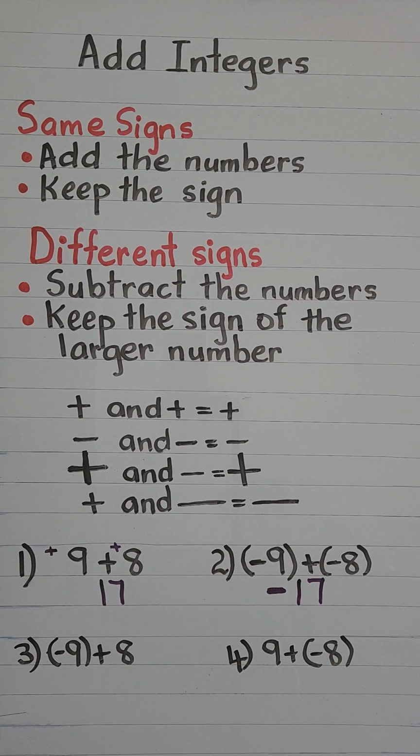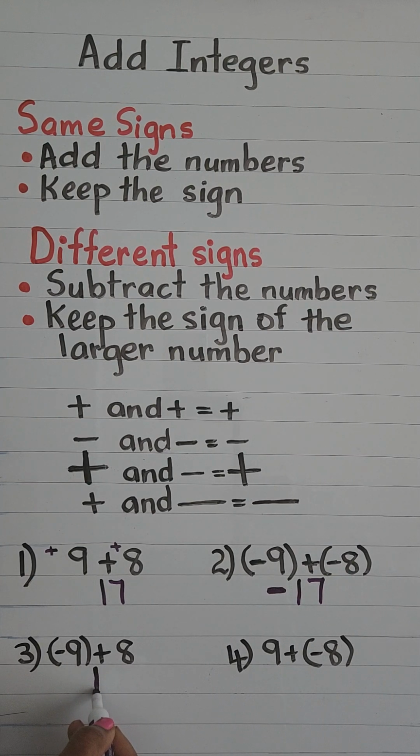Next, we have a negative and a positive. Two different signs. When it is two different signs, we have to subtract. Even though we are adding, we have to subtract. That is a rule. We subtract the numbers. So 8 take away 9 is 1.